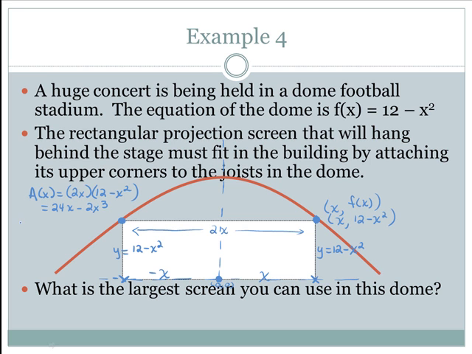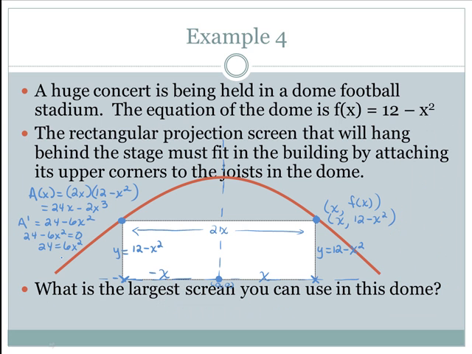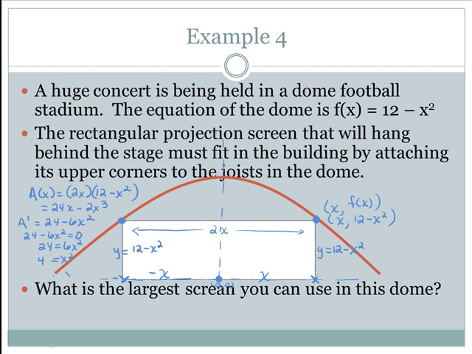Take the first derivative to find the critical points, and we get 24 minus 6x squared. If we now set that equal to 0, we get 24 equals 6x squared. We get x squared equals 4. We take the square root of both sides, and x equals plus or minus 2.